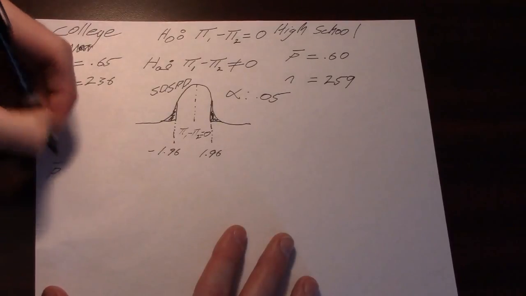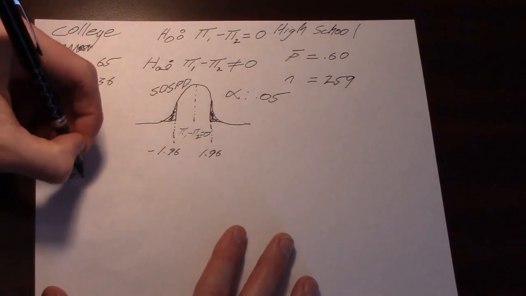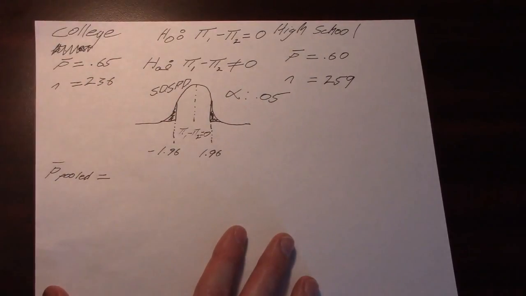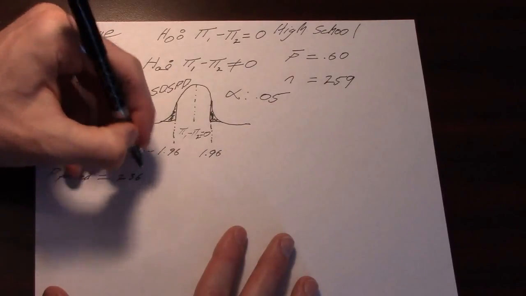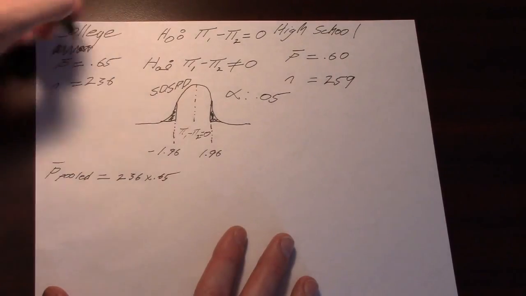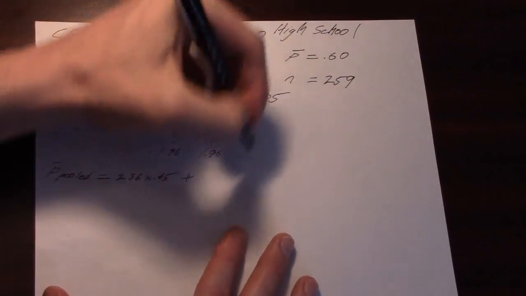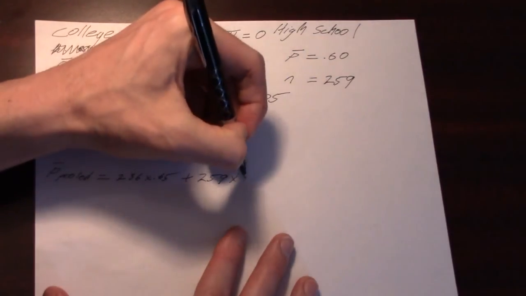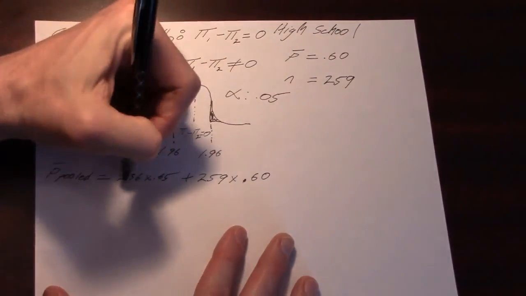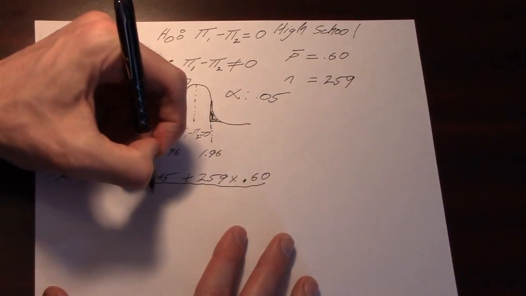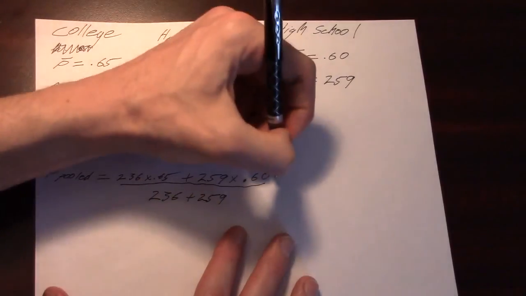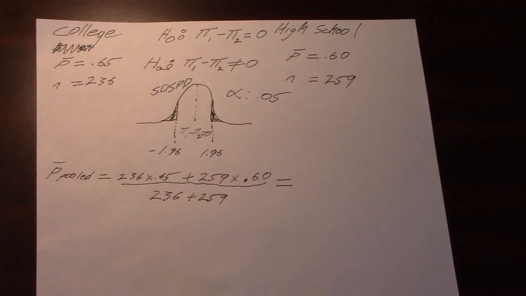So our pooled proportion is going to equal 236 times 0.65 plus 259 times 0.6, and we're going to divide that by 236 plus 259. That's going to give us our pooled proportion, which is the first step in getting our standard error.